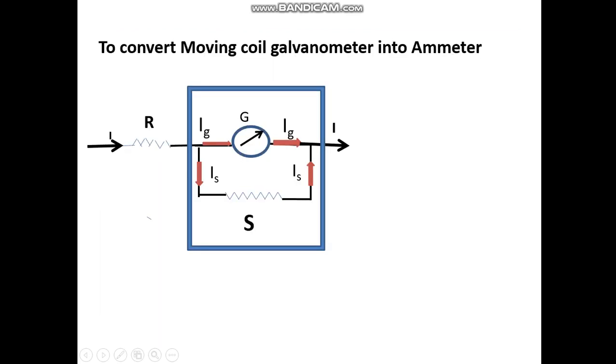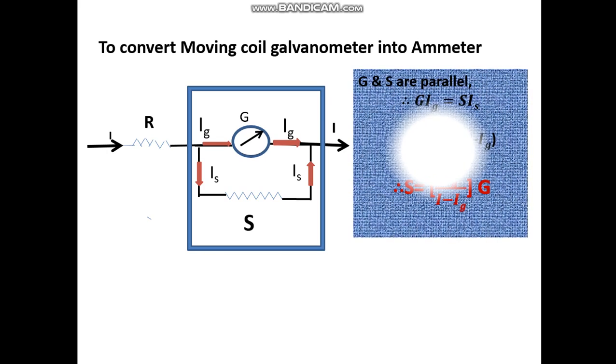To convert a moving coil galvanometer into an ammeter, we have the following equations. The voltage across the galvanometer and the shunt are the same because they are connected in parallel. Therefore, voltage across the galvanometer is G·IG, which is equal to the voltage across the shunt, that is S·IS.